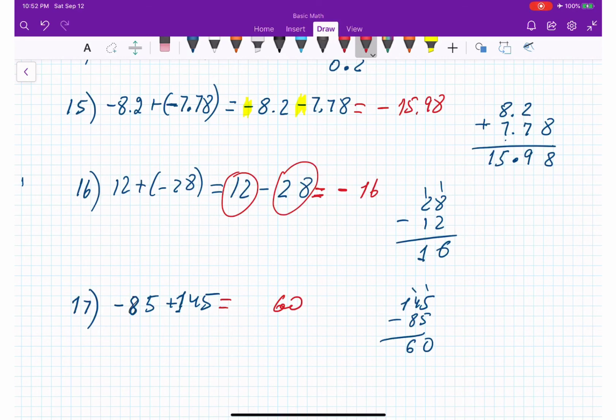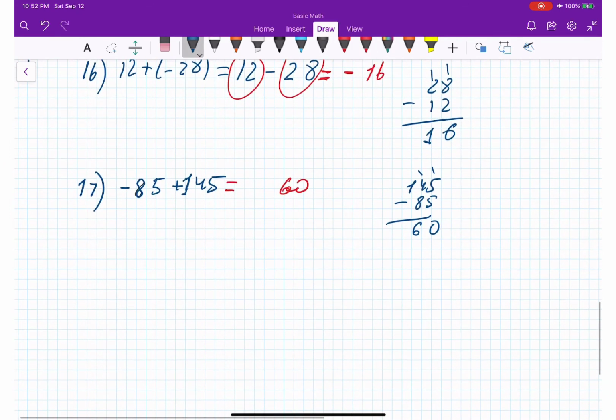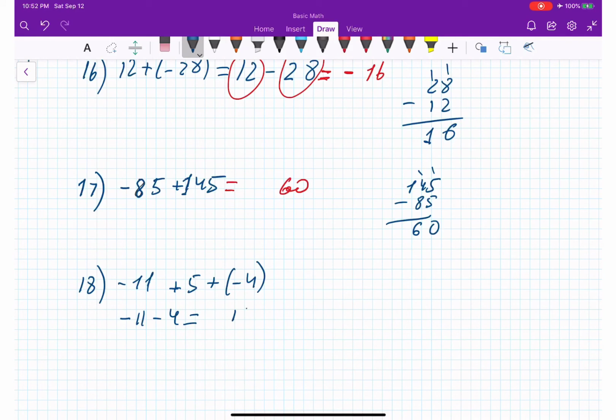Next number 18. Negative 11 plus 5 plus negative 4. Okay, we can go step by step. First, let's do negative 11 plus 5, but you can take negative 11 and negative 4 also. We can do that. So first take negative 11, negative 4. It's going to be negative 15, right?